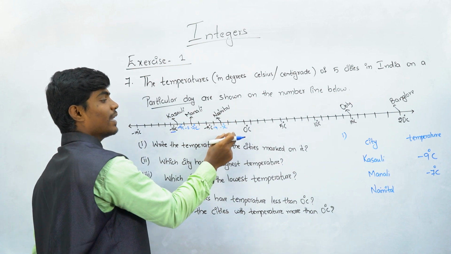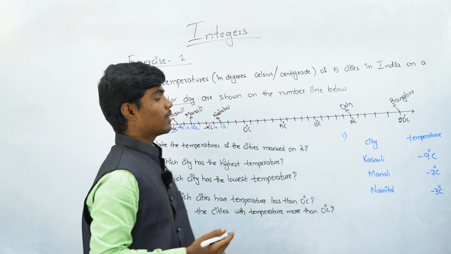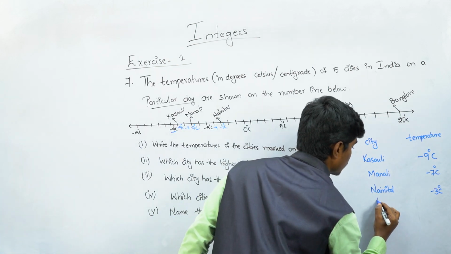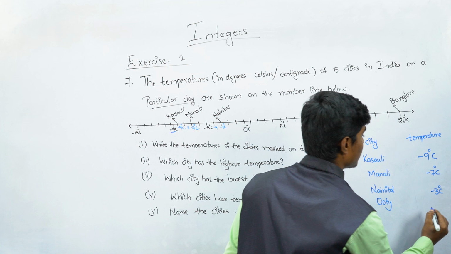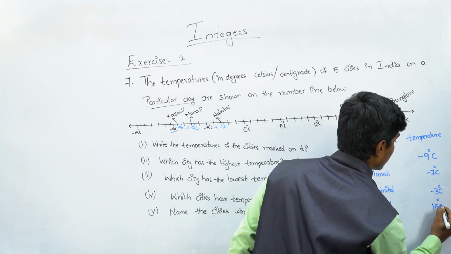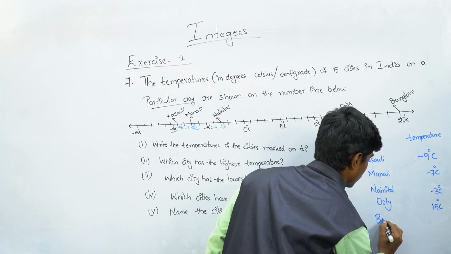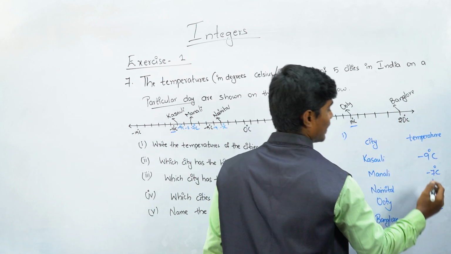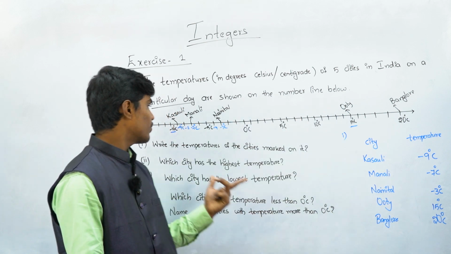So, the temperature of Nainital is minus 3 degrees Celsius. Next, Ooty. Ooty temperature, he directly gave it as 15 degrees Celsius. Next, Bangalore is 20 degrees Celsius.